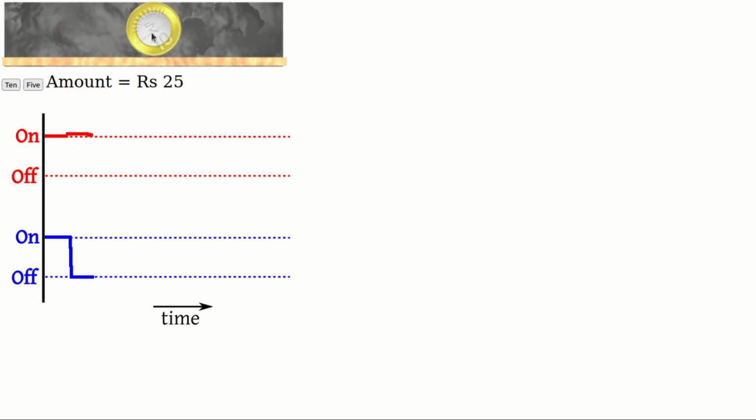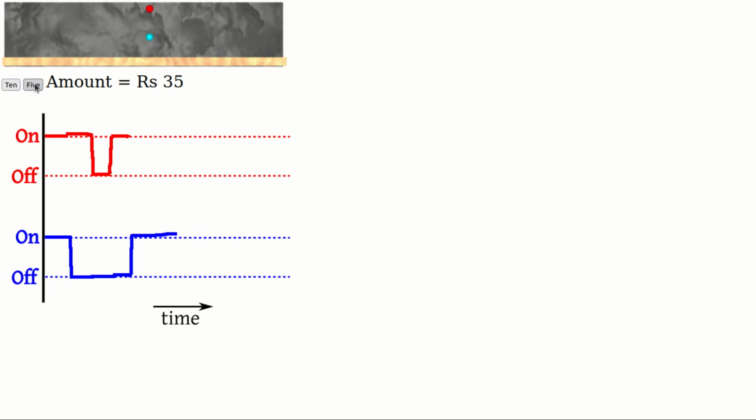Then, as both get covered up, the top lamp also goes off, and the bottom lamp is anyway off. I mean, the lamp is on, but the sensor cannot see it. As it moves further, the red lamp comes on, and the blue one continues to remain off. When it completely moves out, the blue one will also come up. This is how the graph will look for the 10 rupee coin.